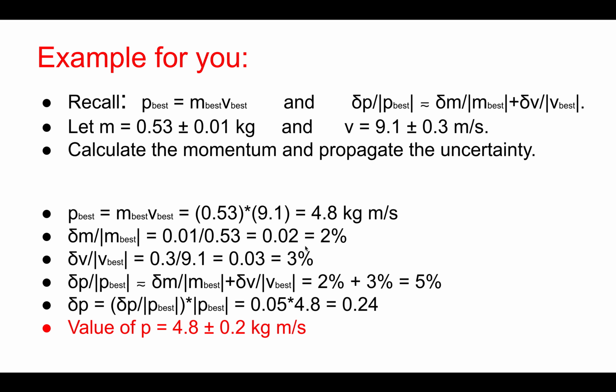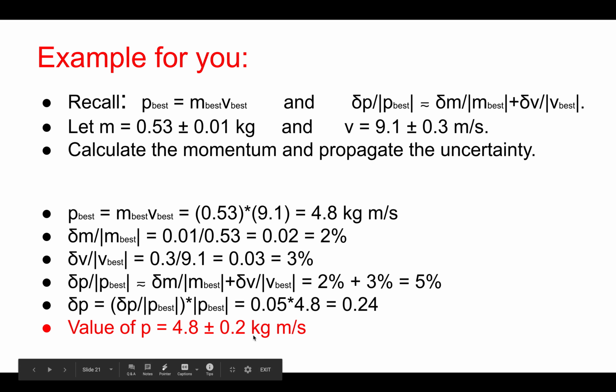Then we just add the fractional uncertainties. We calculate the fractional uncertainty in mass, and it's about 2%. The fractional uncertainty in velocity is about 3%. We add those together, and we get the fractional uncertainty in momentum is 5%. If we want it in terms of values that aren't percentages, we take the 5% and multiply it by our P best, M best times V best, 4.8.